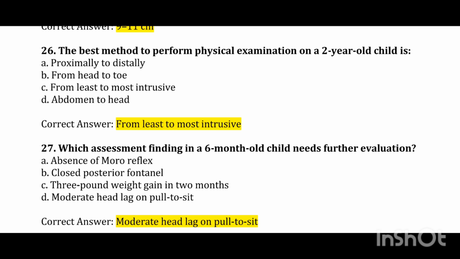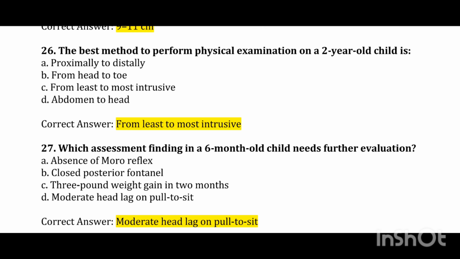I think it's a very important question, so that's why I'm giving you the explanation. Mainly head control is expected at the age of 3 months. Starting at 6 weeks head control develops, and there is only a slight lag at 12 weeks of age. But the infant lifts the head from supine position when pulled up at 5 months of age.